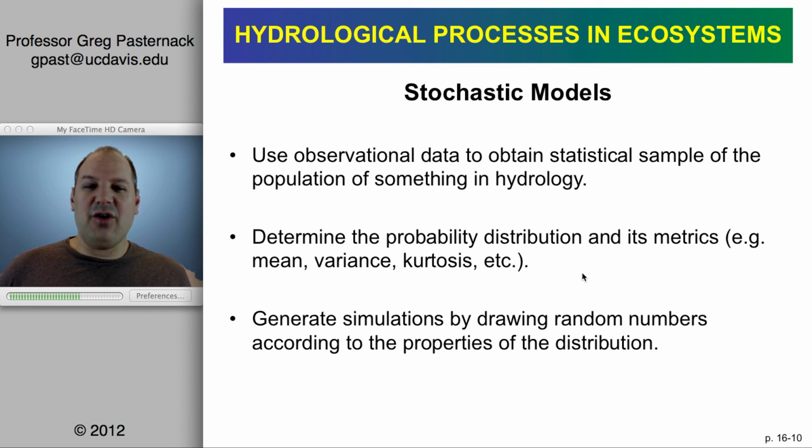If you have Excel or something else, a histogram is a representation of the probability distribution of the samples you have, which is supposed to be representative of the probability distribution of the population. You can then calculate the metrics for that distribution, and then you can use a random number generator to create new numbers that have the same distribution, but then they aren't necessarily ordered in space and time.